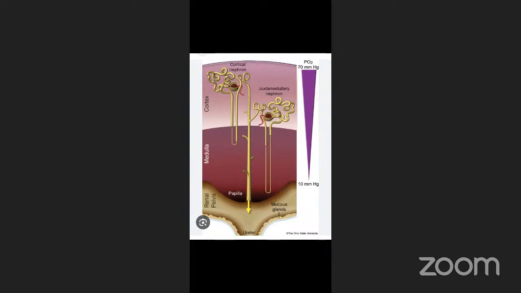And then we expect that the loop of Henle of the nephron of this particular organism is quite long, to cause more reabsorption of water. So therefore, we expect that the medulla will be wider, with a longer loop of Henle.